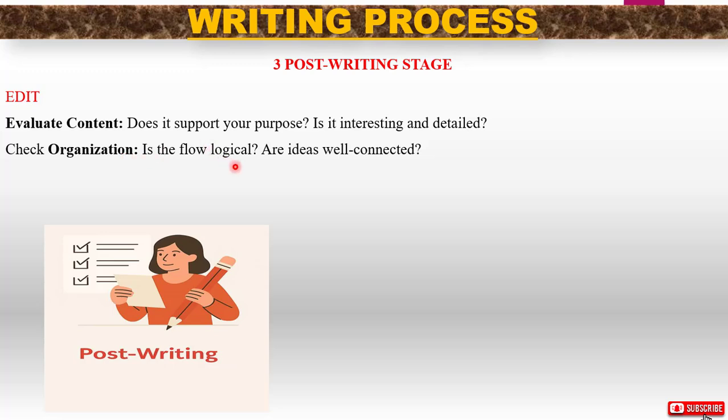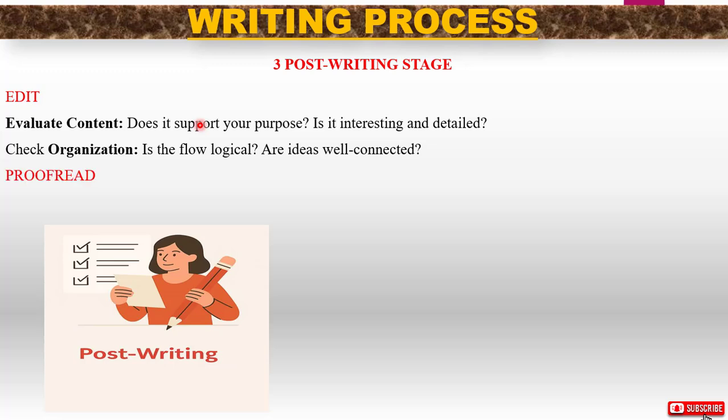Is the flow of the ideas logical? Are ideas well connected? After asking yourself these questions, you will see that there is a need to go back to your writing stage again and then correct all the errors that you made, and also include new ideas that arose when you asked yourself these questions. That is why we say the writing process is recursive.